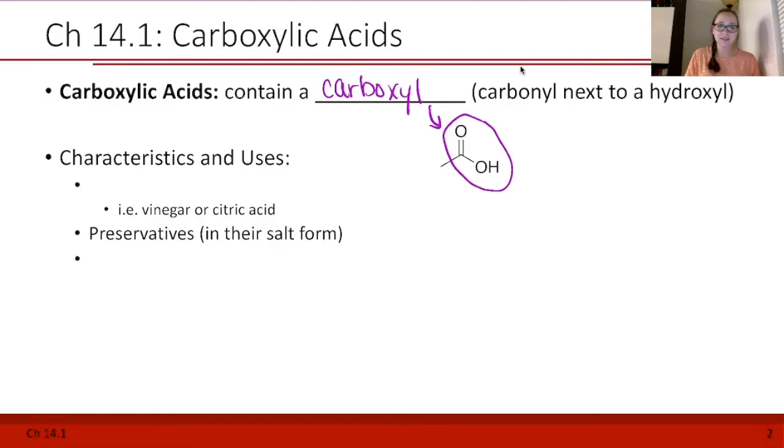Some characteristics and uses of it. One first characteristic in terms of taste, I don't encourage you to taste carboxylic acids that are not common ones that we have in our food, but some common ones that we have in our food have a very sour taste.